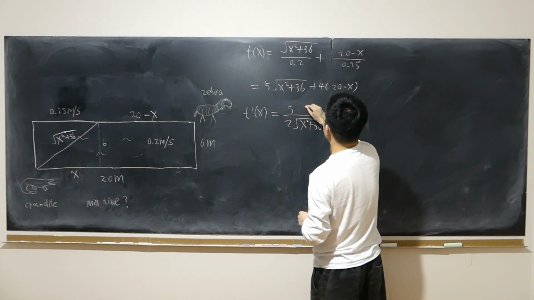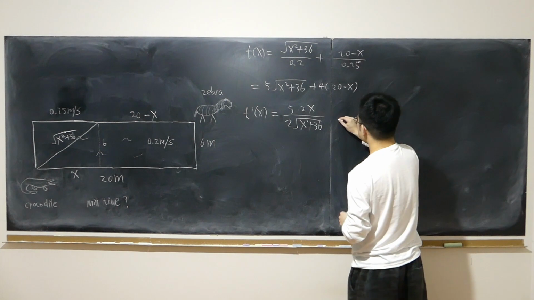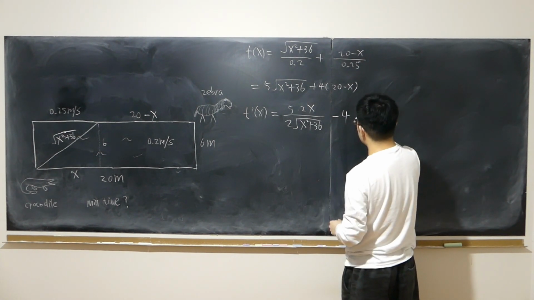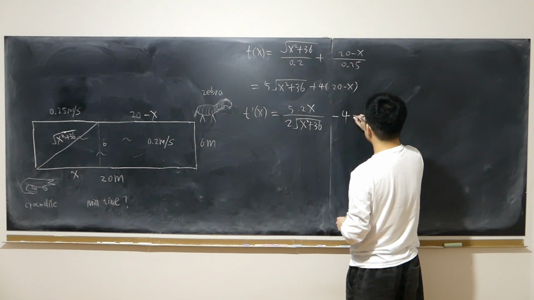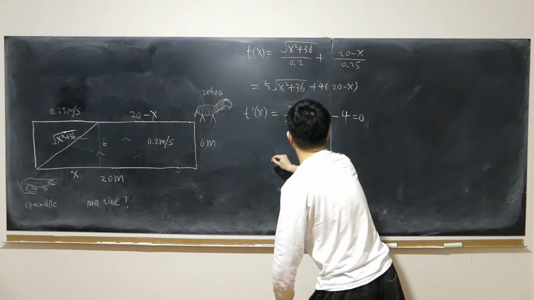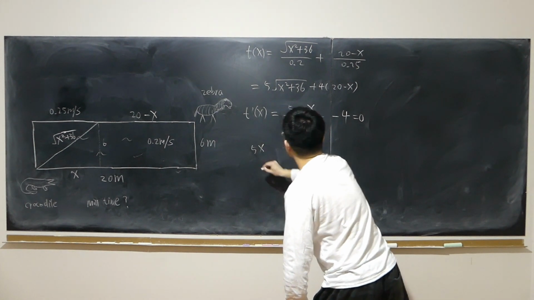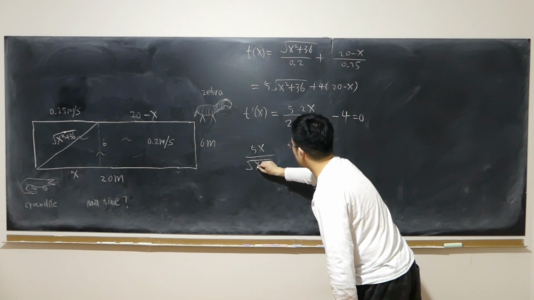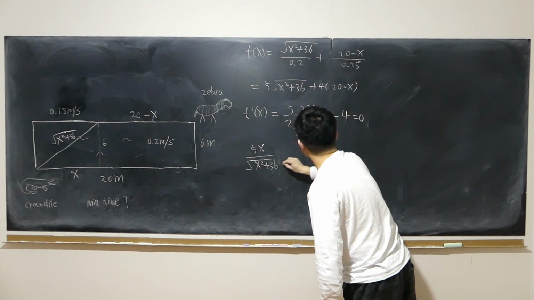Chain rule, 2x. Then minus 4. We can let this equal 0 and see what happens. If that's equal to 0, then we have 5x over the square root of x squared plus 36 equals 4.